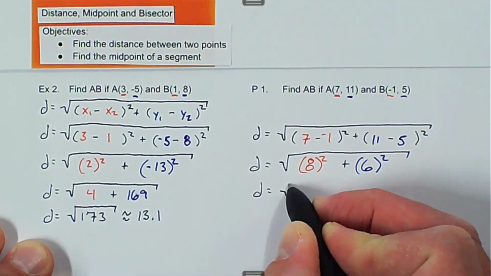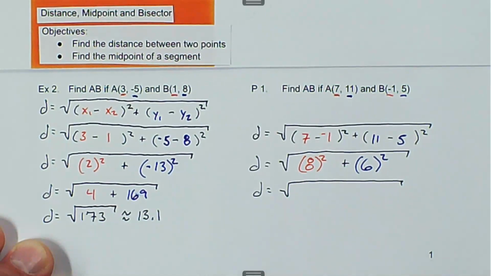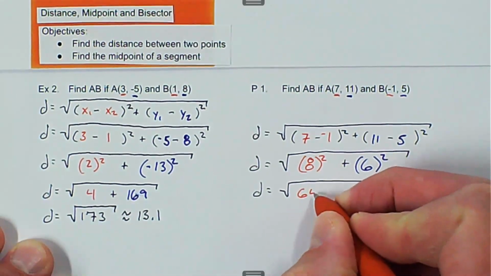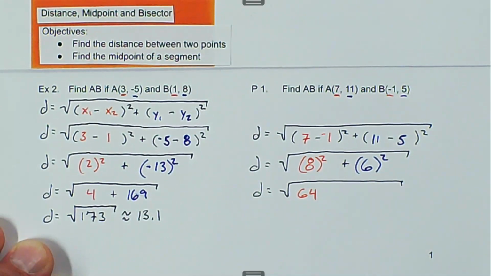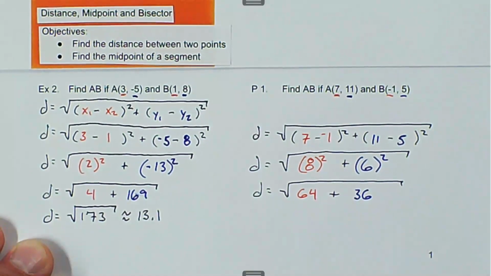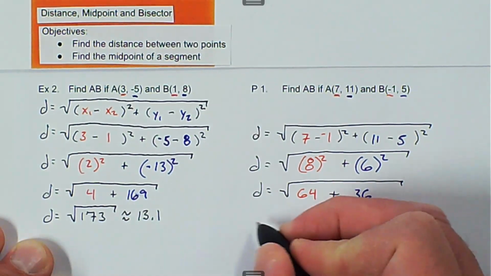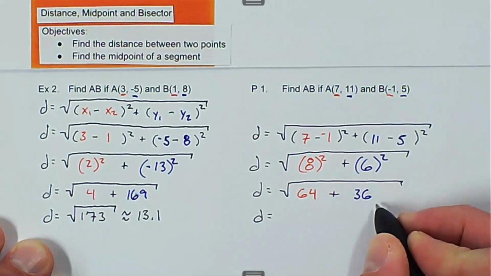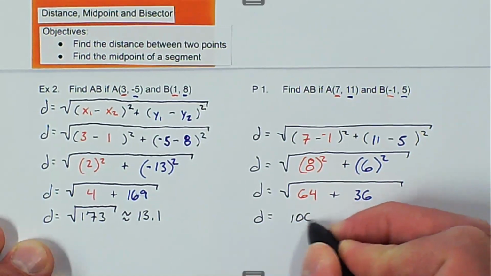So then d is equal to the square root of 8 squared, which is 64, plus 6 squared, which is 36. And then we add those together. We get d is equal to the square root of 64 plus 36, which is 100.